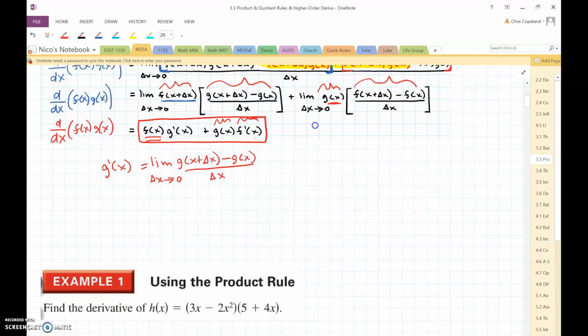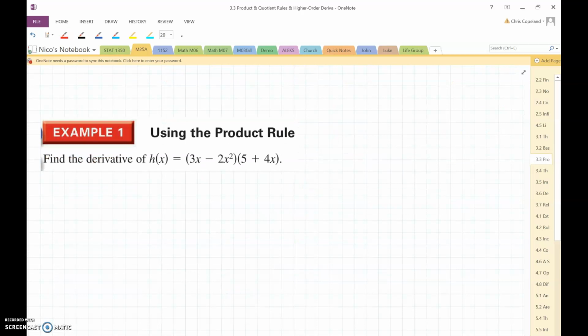Let's try some of these. Example 1, let's try to apply the product rule. So again, we're going to use the product rule when we have two functions that are being multiplied together and we want to find the derivative of the whole thing.